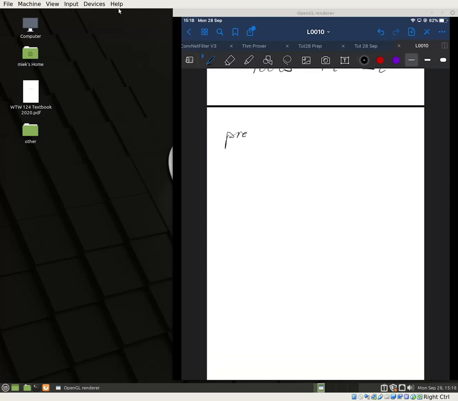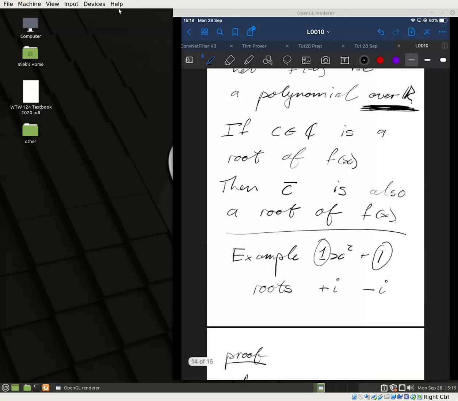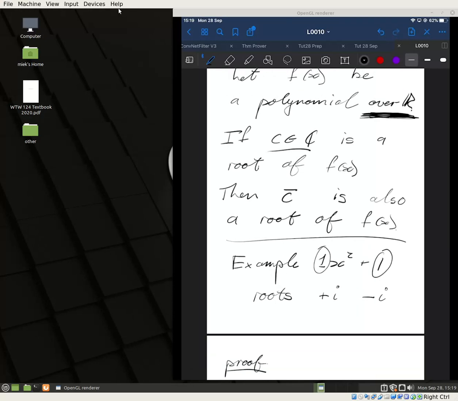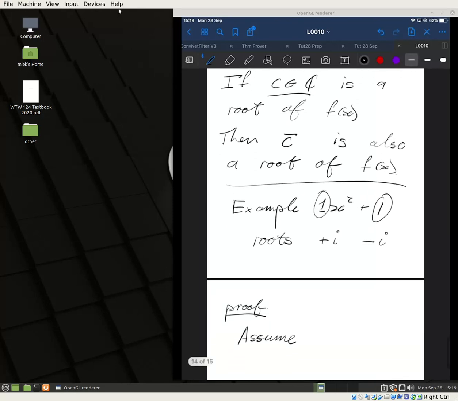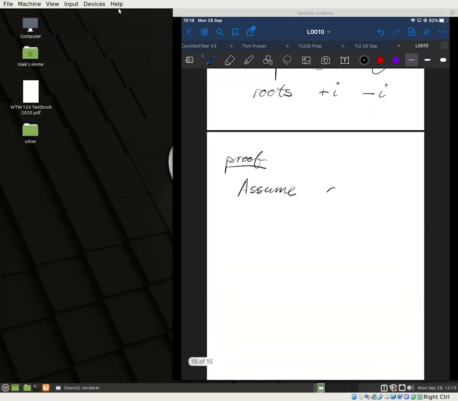Proof. Assume, so notice here we're trying to prove if c is a root of f(x), then the complex conjugate of c is also a root. So assume that c is a complex number and that it is a root of f(x).